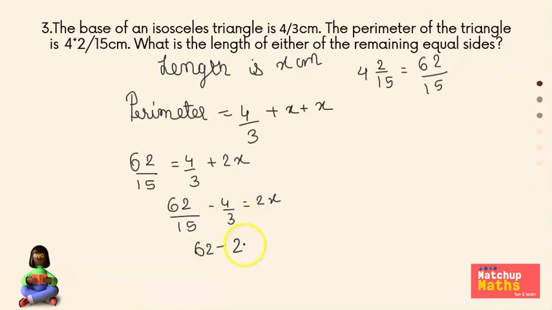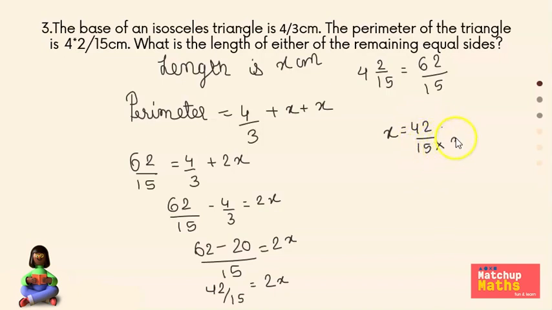So here it will be 20 by 15 is equal to 2x. Now 62 minus 20 is 42 by 15 is equal to 2x.